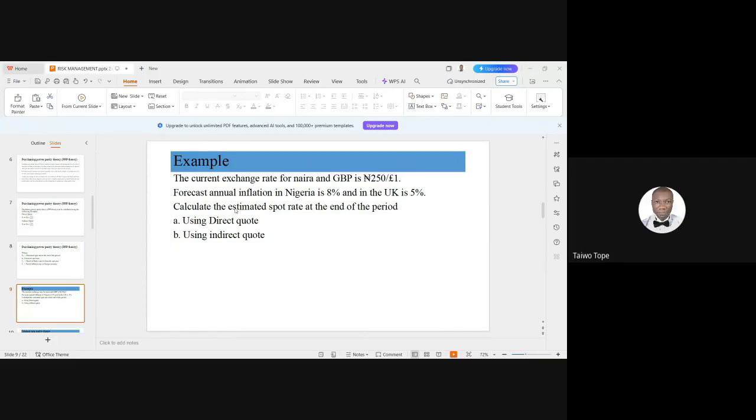Like if you want to convert a dollar to naira, you need to have up to 250. So that is why I think that the domestic is Nigeria.